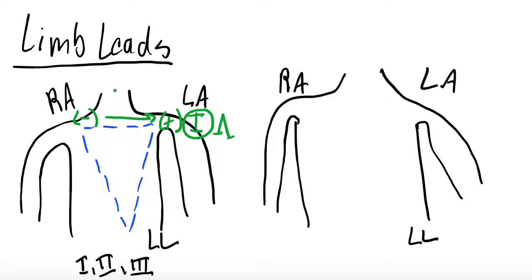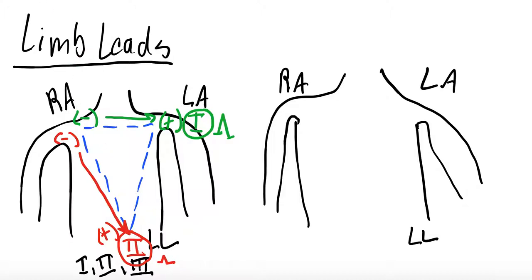Lead 2, I will do in a different color. Let's do red for lead 2. Lead 2 is also negative right arm, down to positive left leg, and this is lead 2, which means any depolarization in this direction is going to give you that positive upstroke on the EKG.